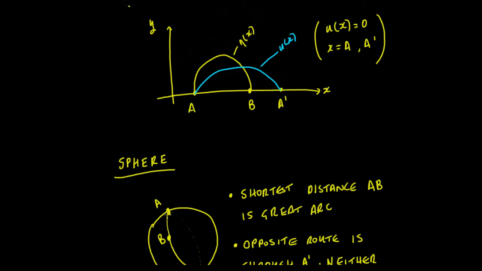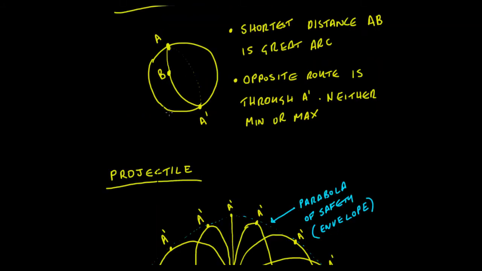If we were to go from A to B without passing through the conjugate point A dash, then this would be the minimum path, or the path would be an extremal. If we were to go in the opposite route around here, which is equivalent to passing by this A dash, then this route wouldn't give us an extremal.